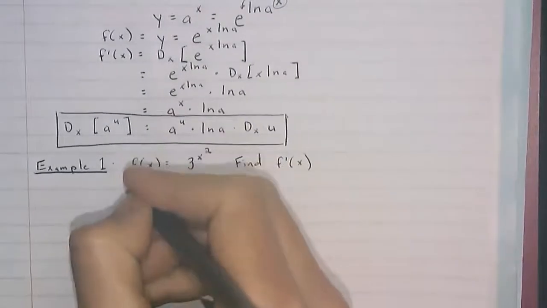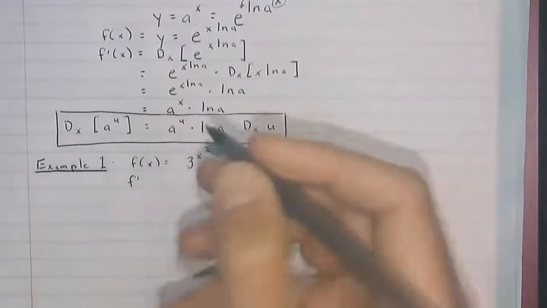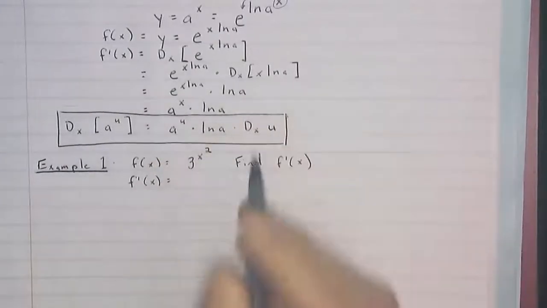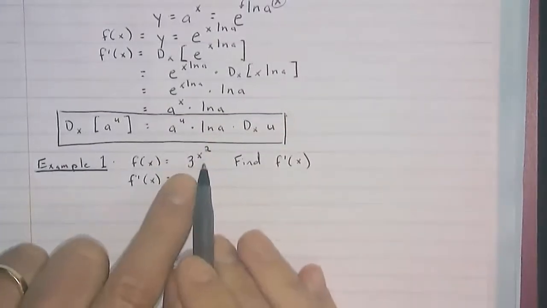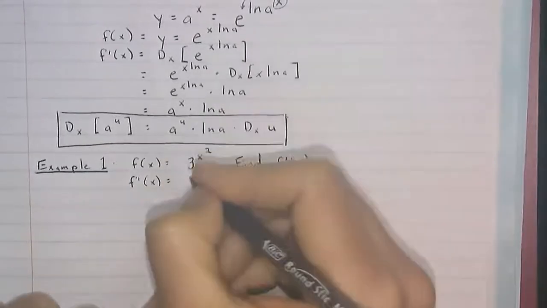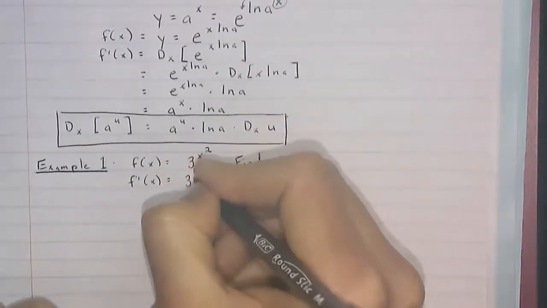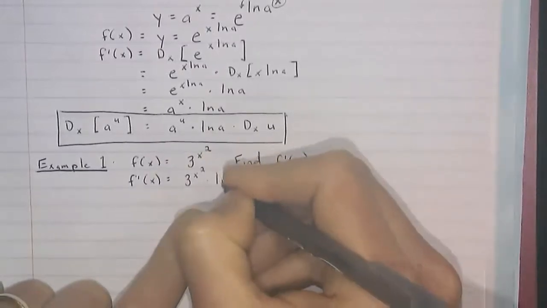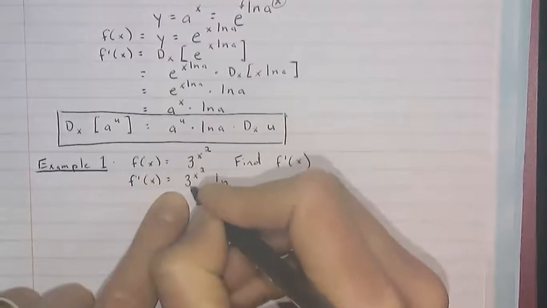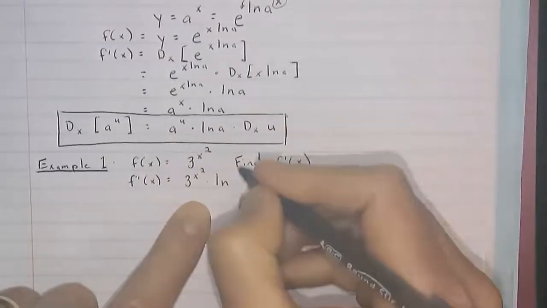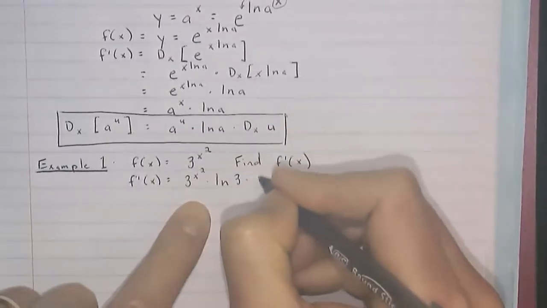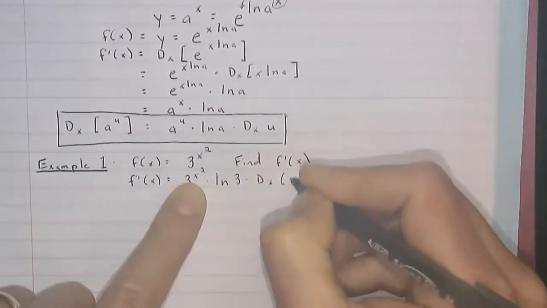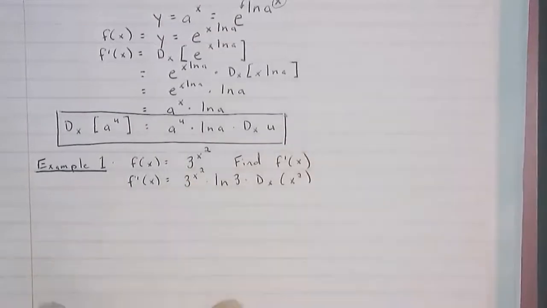And so f prime, according to the rule we just figured out, is going to be a to the u, so 3 raised to the x squared, times the ln of a, where a is our exponential base, so ln of 3, times the derivative of that exponent, x squared.